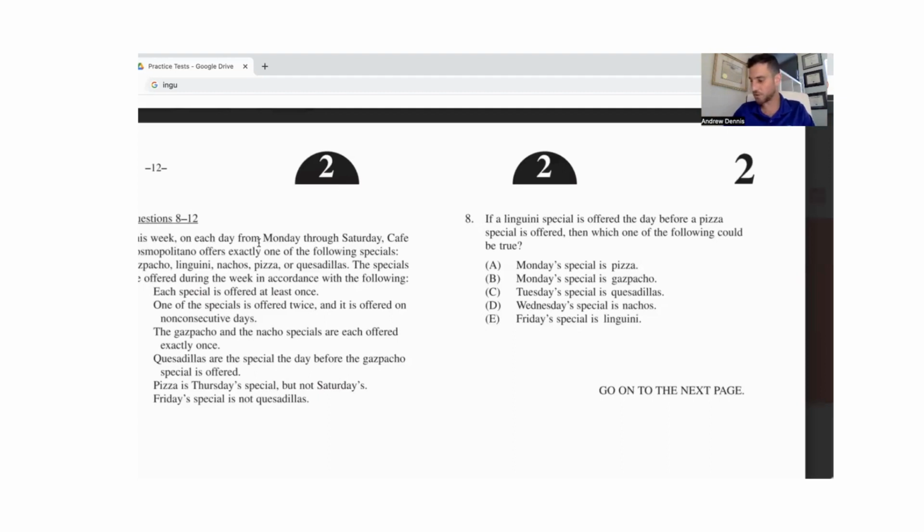Because the P must go Thursday, but we know that the one that goes twice cannot go on consecutive days. So think about that. If P goes Thursday, when can it not go? I feel like I'm playing Blue's Clues here. The answer is going to be Wednesday and Friday, right? P does go Thursday, but P cannot go Saturday, Wednesday, or Friday.